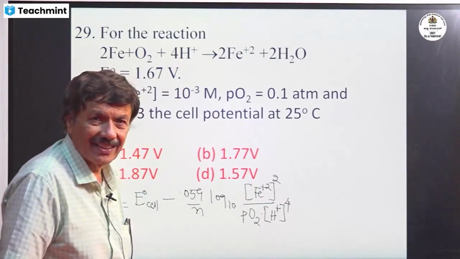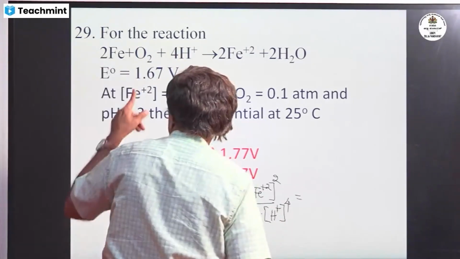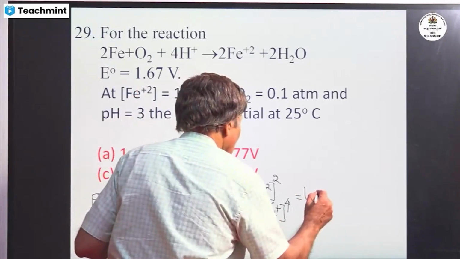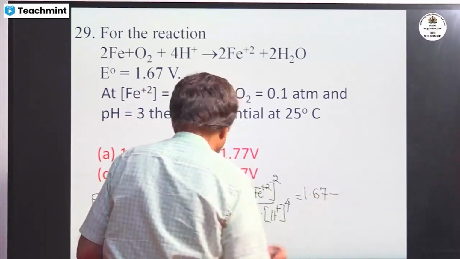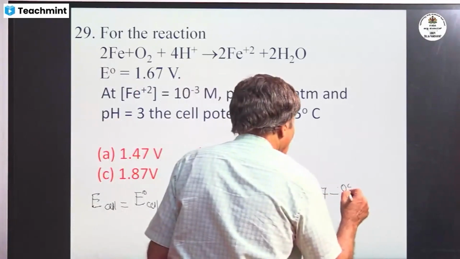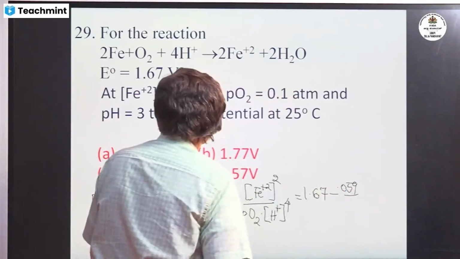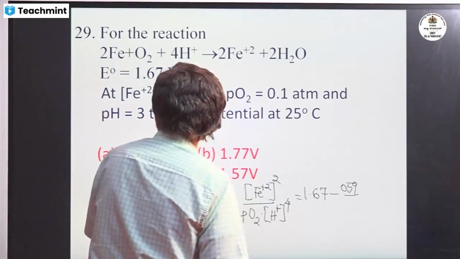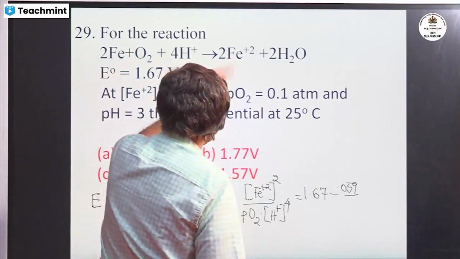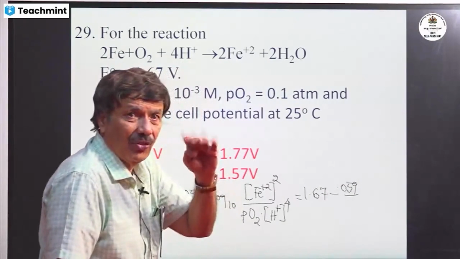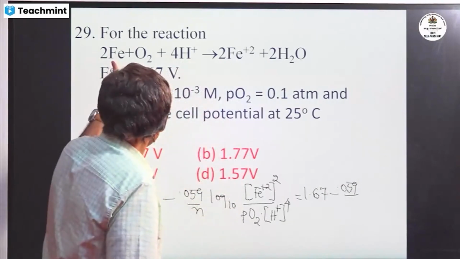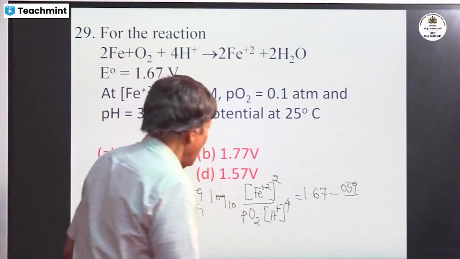Now substitute. E naught, how much have they given? E naught is 1.67 minus 0.059 by n. What is the n value? For 2Fe to 2Fe2 plus, the n value is 4.